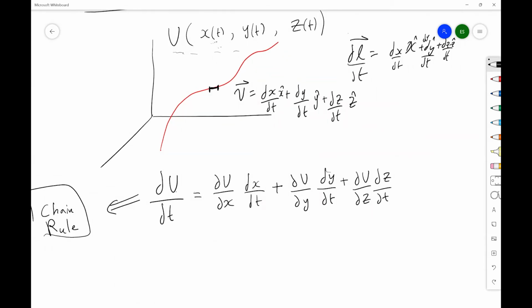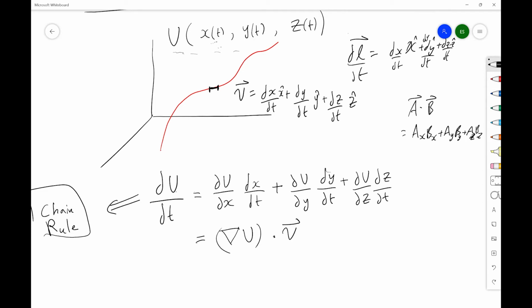And this is what I want. What does this look like? Does this look like a dot product? Remember, we established that du by dt is going to be equal to nabla u dot v. What is the dot product of two vectors in an orthonormal basis? If I have a dot b, remember we said it's ax bx plus ay by plus az bz, right?